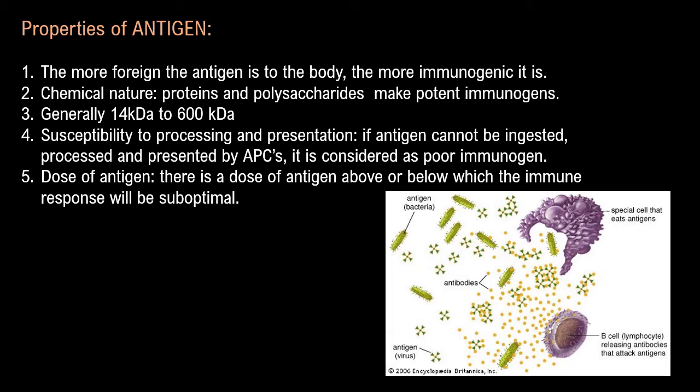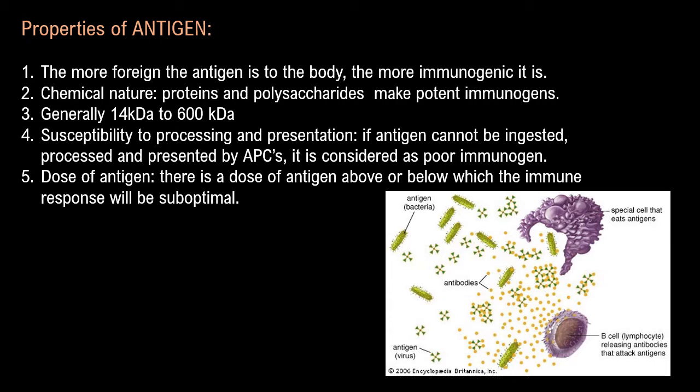The fourth point is susceptibility to processing and presentation. If an antigen cannot be ingested or processed and presented by APCs, it is considered poorly immunogenic, which means that particular antigen has failed to trigger a good immunological response. It simply means that.